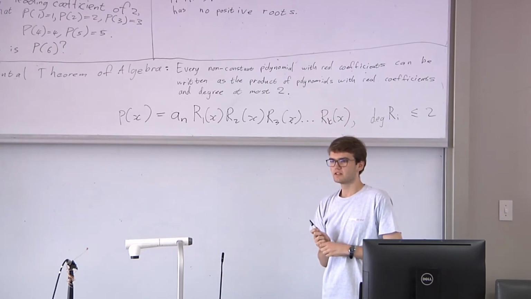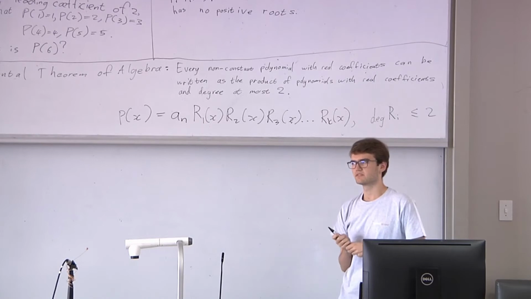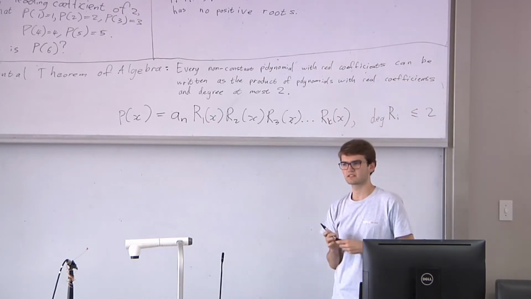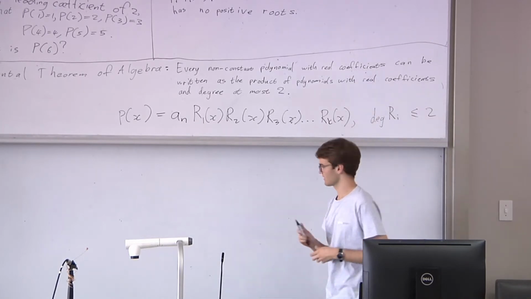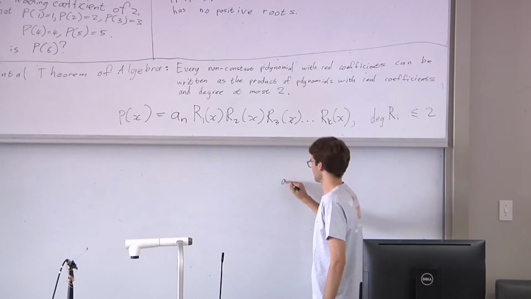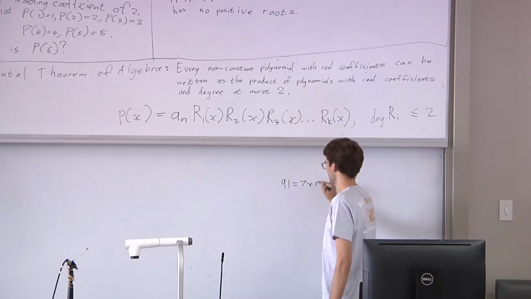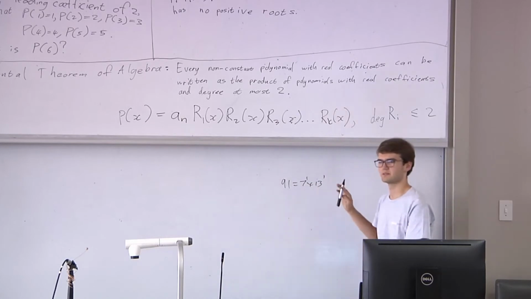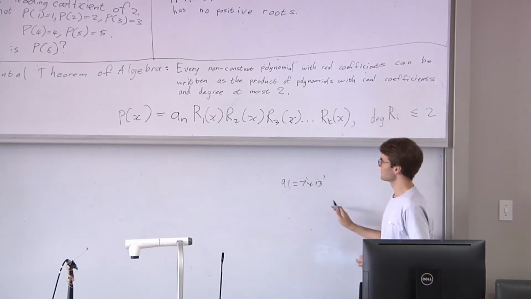I don't know if you've done the fundamental theorem of arithmetic yet before. You can write every number as a product of prime numbers uniquely. You can do the same thing with polynomials.